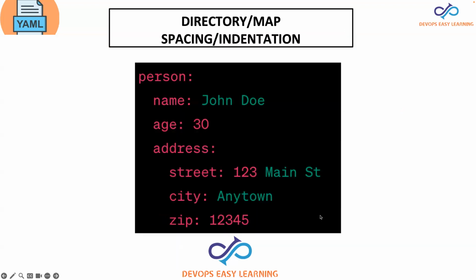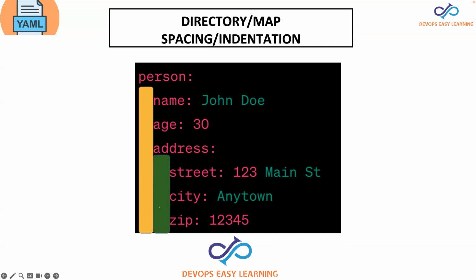Now, a couple of things I want to point out is that if you pay attention here, like we did on the list, this gap, because the person is what we are trying to define. You have this gap and they should be lined up. The second thing is this gap. Notice also this gap here. What does it mean? It means that everything here goes under person.